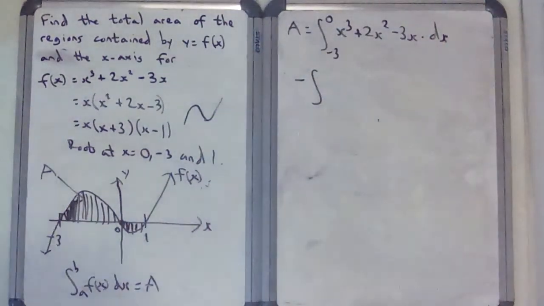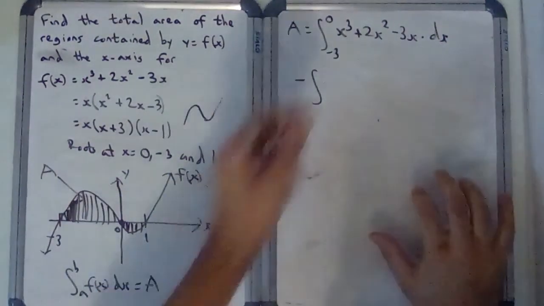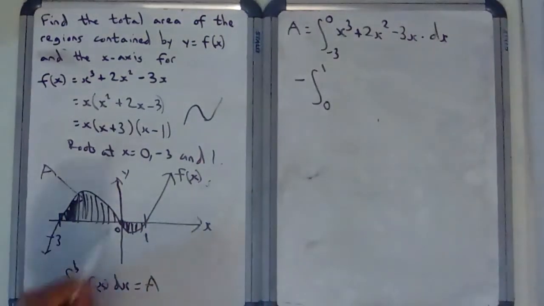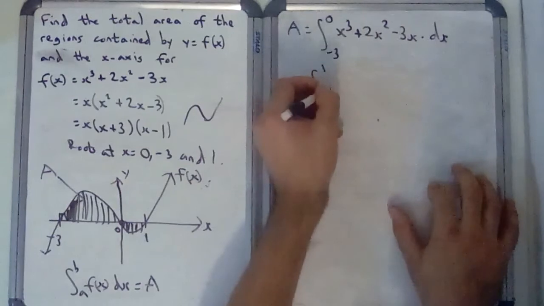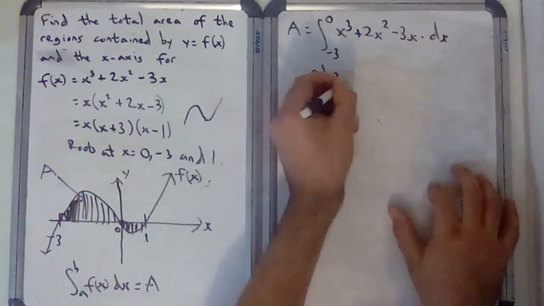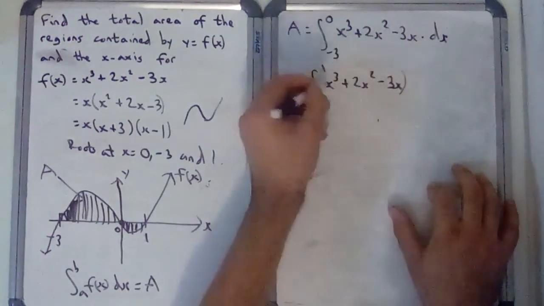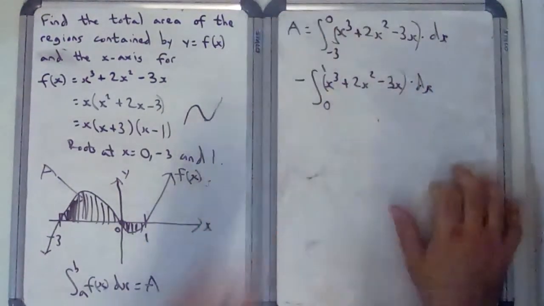Now I'm taking this away because I know that the answer to the same integral between 0 and 1 is going to give me the area, but it's going to be a negative answer. So I'm just going to subtract it. So minus the integral from 0 to 1 of exactly the same function, x cubed plus 2x squared minus 3x dx. Probably might have a bracket in that one too.